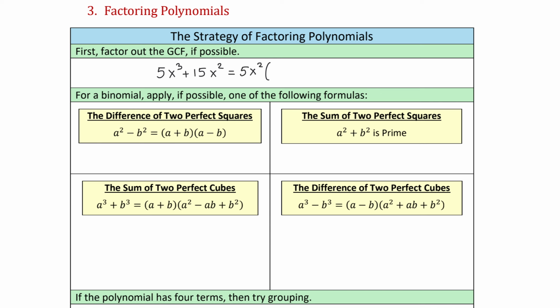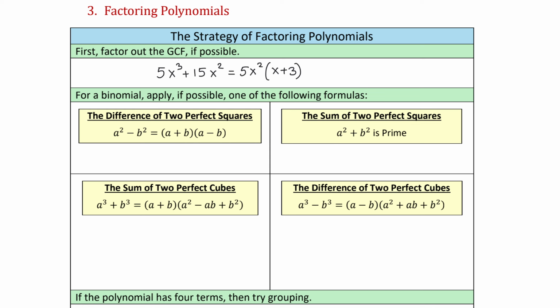Then inside the parentheses, we will have x plus 3. And indeed, 5x squared times x is 5x cubed, and 5x squared times 3 is 15x squared. And now we have a product of 5x squared and x plus 3.